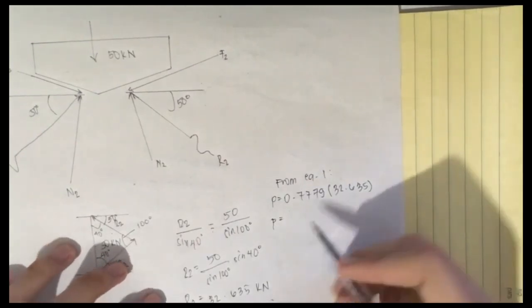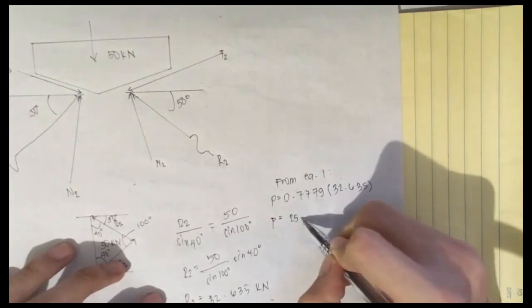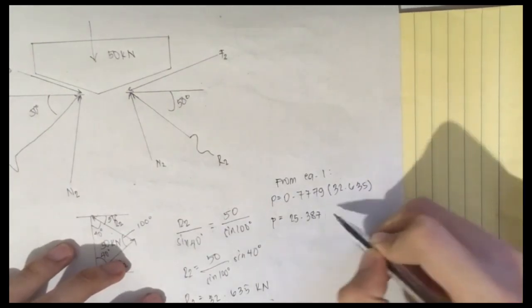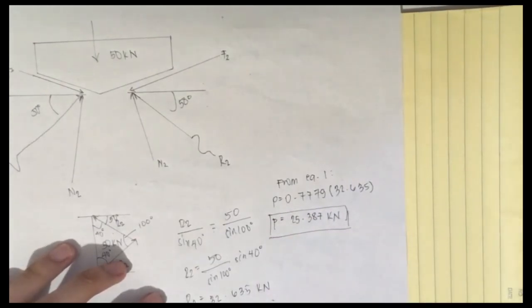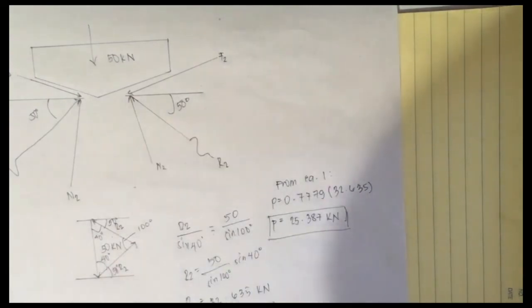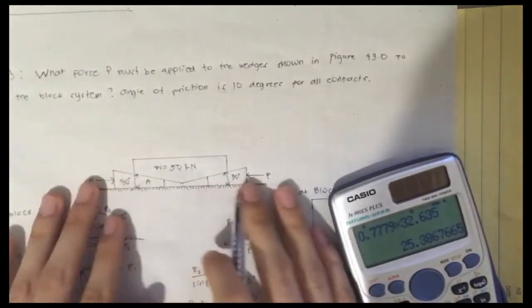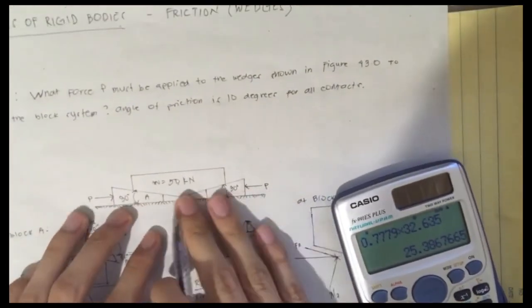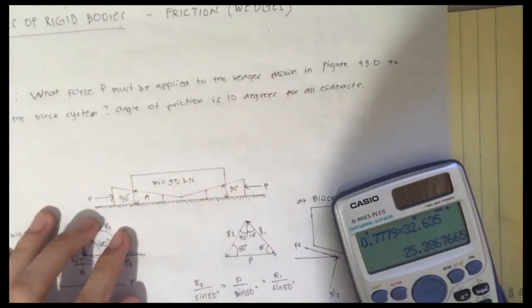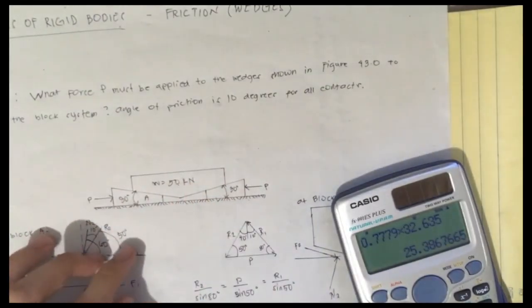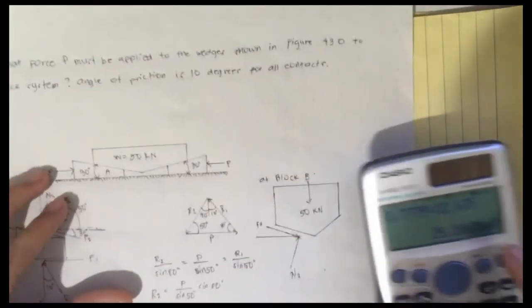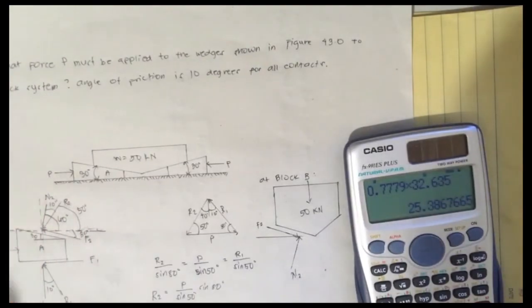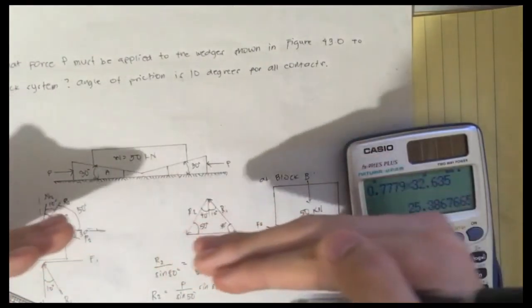So P is 25.387 kilonewton. After solving, this is now the required force for the block to move in this problem. The value is 25.387 kilonewton. That is the required force in order for the block to move.